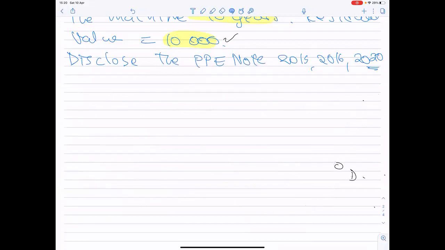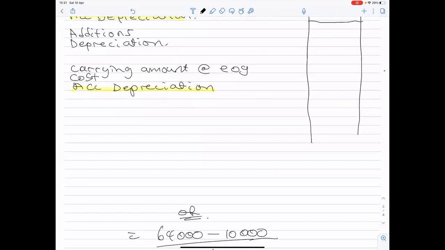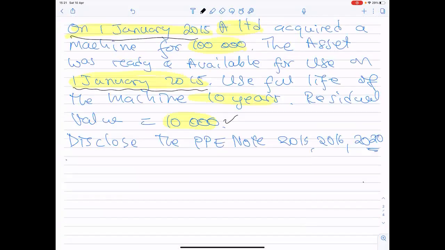Right, now we are in the year 2023. So in 2023, the cost doesn't change. It is still 100,000. Accumulated depreciation, we have to calculate the accumulated depreciation for the prior year because that will be the opening for the year 2023. So the prior year is the year 2022.